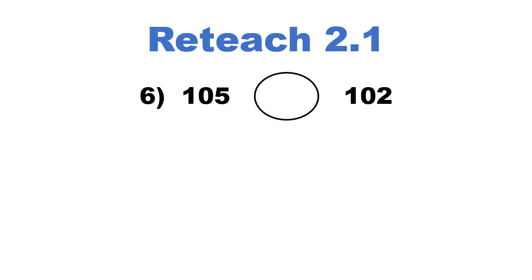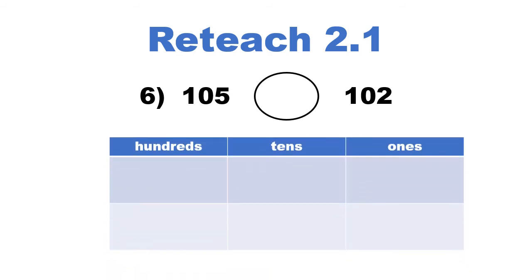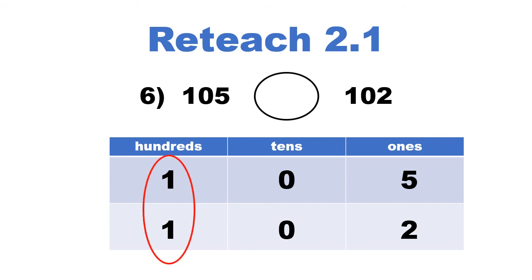Here is number 6. 2 more 3-digit numbers. Let's put these into our place value chart. 105 and 102. Now remember, to compare, we have to start in the greatest place. In this case, it's the hundreds. But we see that 1 is equal to 1, which means we have to move into the next place, which is the tens.